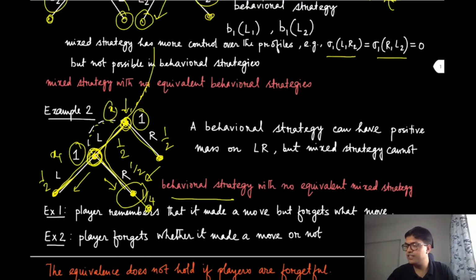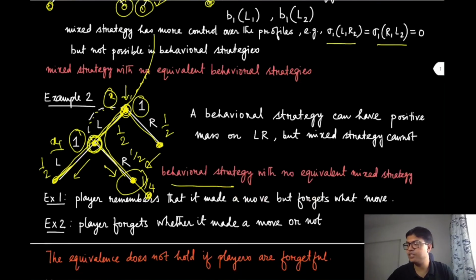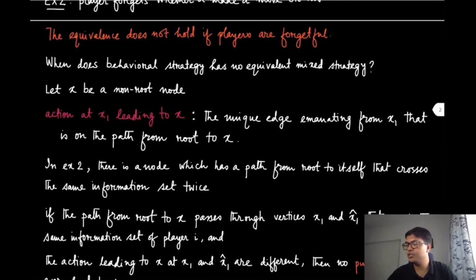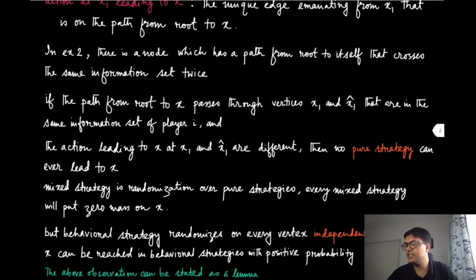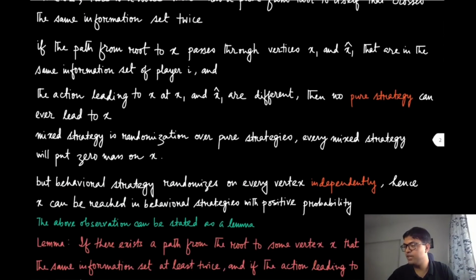So at x you are taking the action L, and at x1 you are taking the action R. If this happens, then you can never ensure an equivalent mixed strategy for a behavioral strategy on this kind of games. So essentially it is sort of formalizing the example that we have just seen.